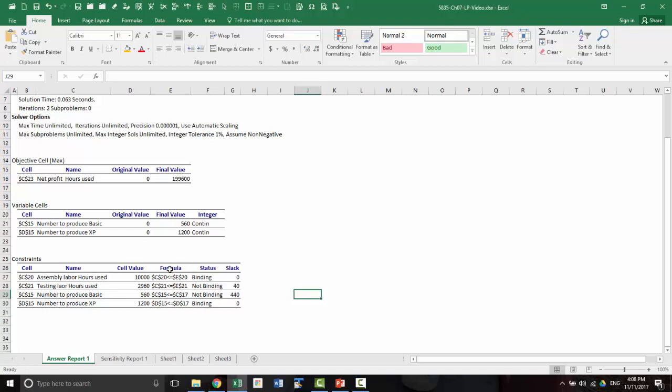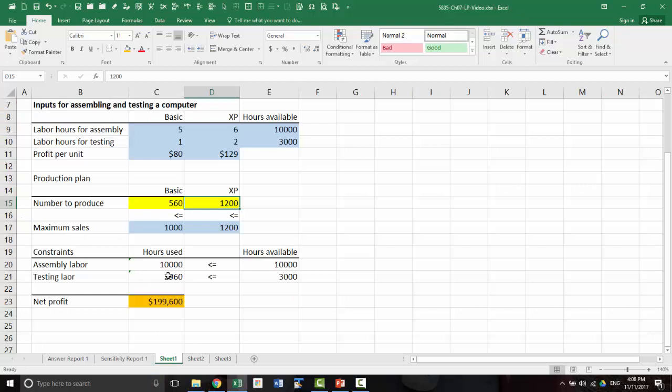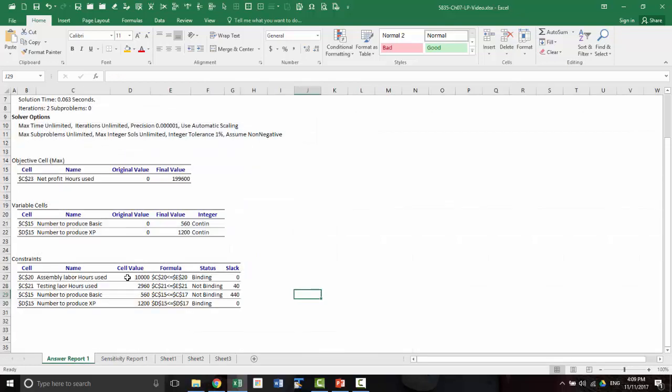Like here, the constraint is C20 less than or equal to E20. Now this constraint is satisfied at the bound. It's exactly equal to the 10,000. So the constraint is at the bound, and that's why it is called binding.